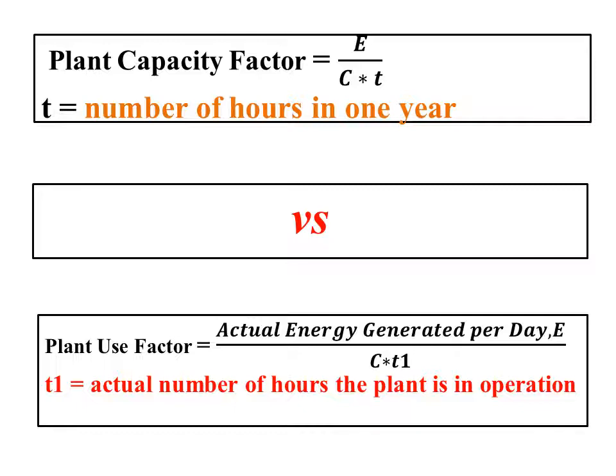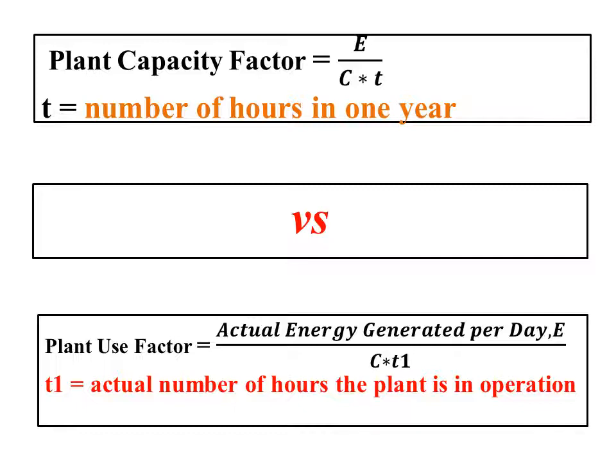So here is the main difference between capacity factor and use factor. The plant's capacity is a different thing, and how much the plant is being utilized is a different thing. Small t represents the total number of hours in 1 year which are available for us, but T1 represents the actual number of hours when the plant is in operation. So T minus T1 will give us the number of hours in which the plant is not in use.